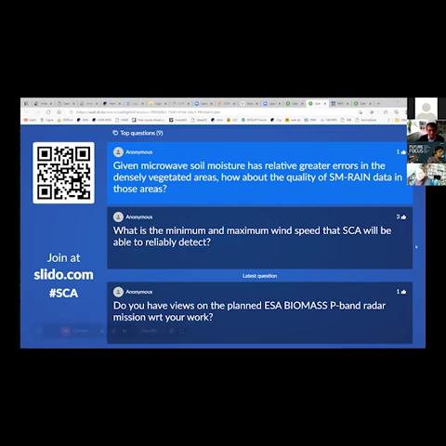Interestingly enough, Luca Brocker is using all the data, even for tropical forest, where obviously we don't do soil moisture. But in those areas we respond to water droplets in the canopy.